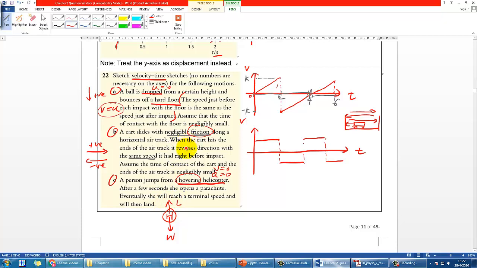There are some other things to consider. But anyway, this is the simplest model to think about how helicopter hovers. And the question said after a few seconds she opened the parachute. Okay, eventually reached terminal velocity. And so this is about the terminal velocity, about the parachute cases.